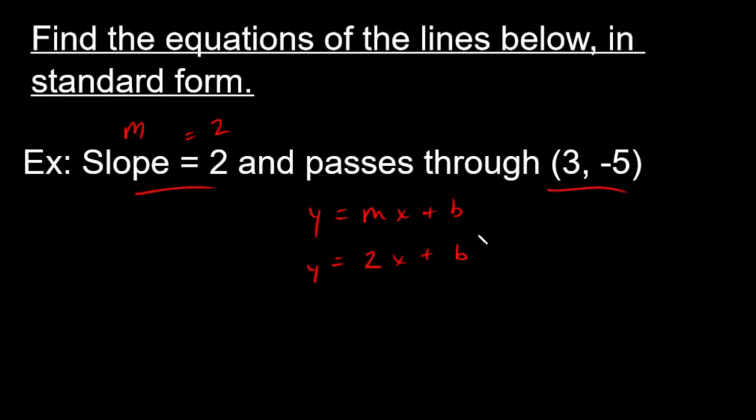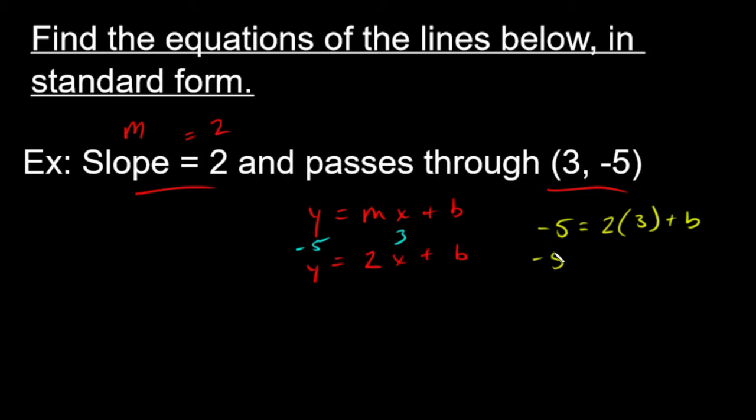So what did we do? Do you guys remember what we did to find the equation of the line given the slope and the point? After you did this, you plugged this in for x and you plugged this in for y. So I'm going to plug 3 in for my x and negative 5 in for my y, and then simplify to find b, or solve for b. So you've got negative 5 is equal to 2 times 3 plus b.